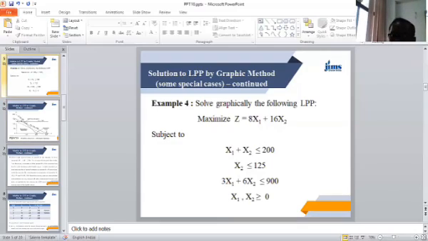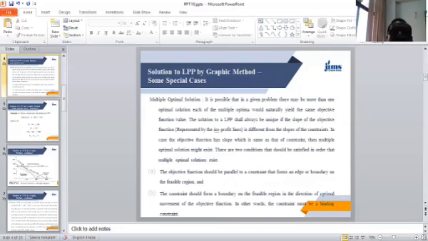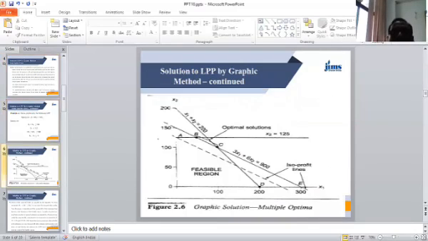When we plot these 2 points on the graph, these 2 points we join.